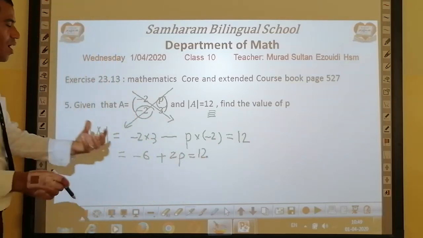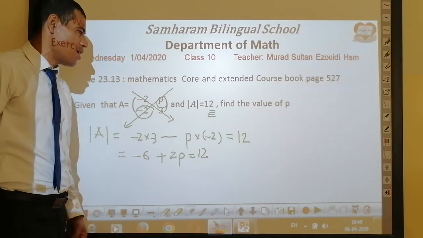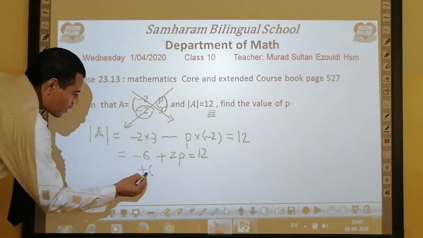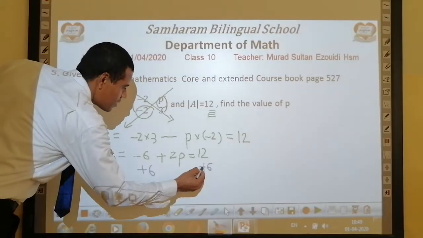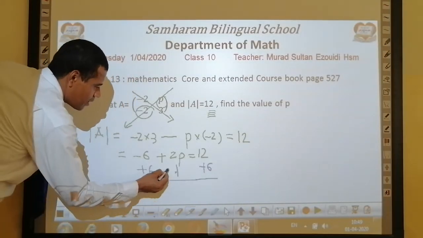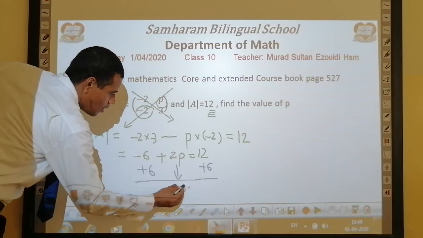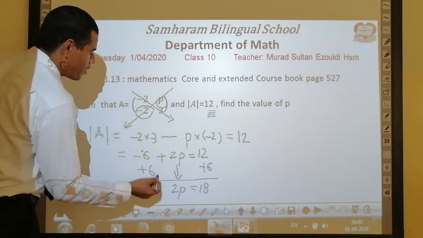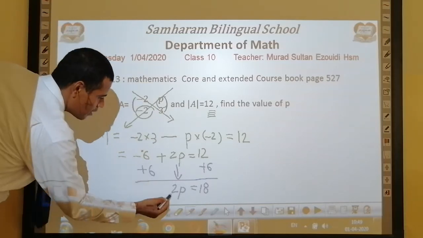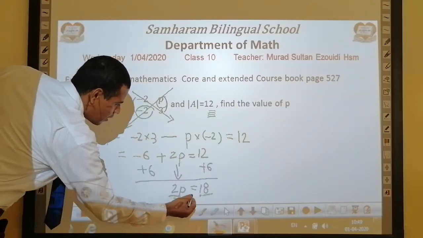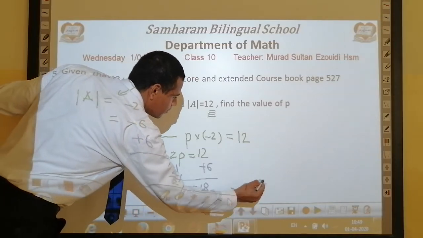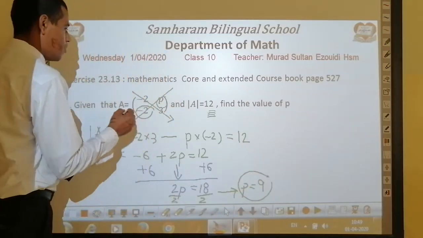Now I will try to isolate 2B, then I will divide both sides by the coefficient of B. I will add 6 here and 6 here. So this one, my kids, is 2B equals 18. Why? 6 minus 6 is 0. So I will divide by 2 here and here by 2. So B equals 9.